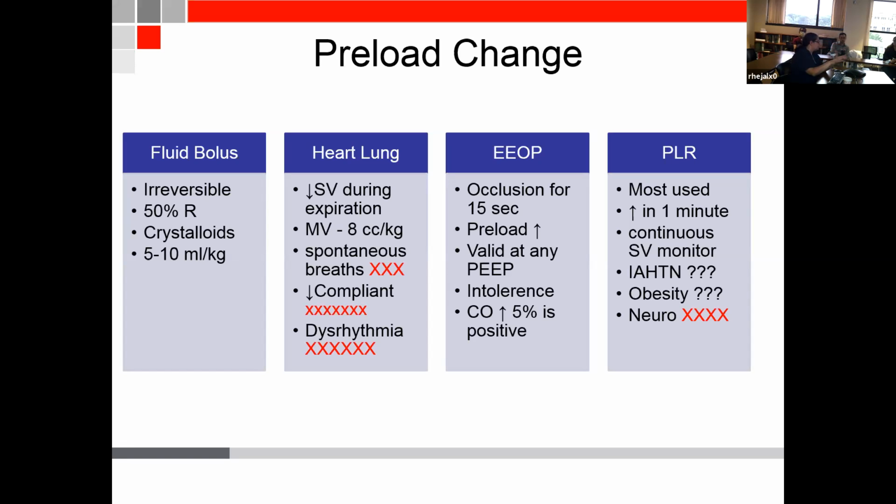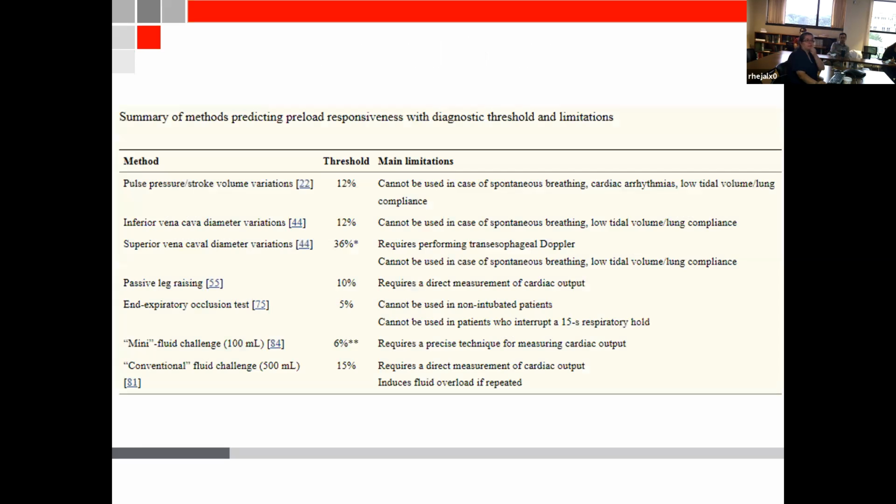But once you're done with it, then you have to give about 500 cc's as a bolus, and then you have to repeat it until you're done. So actually, let's see, the stroke volume is 12% in this. One of the reviewers in one of the review articles is a reference. I should give you the references.